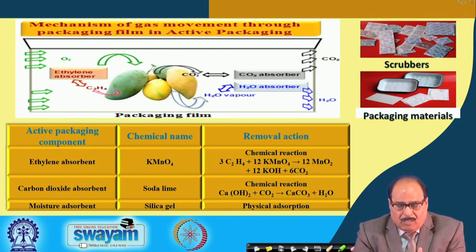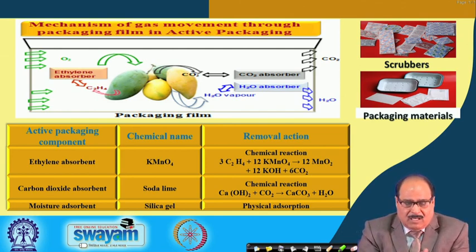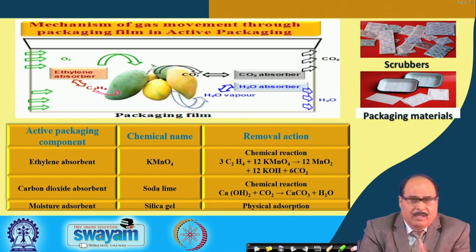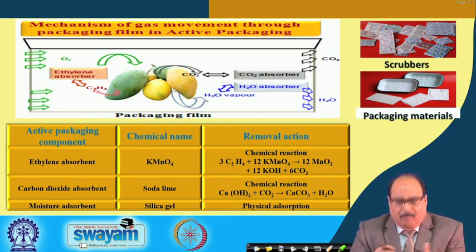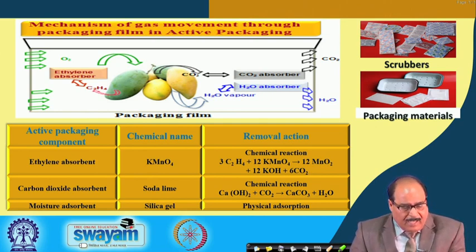Similarly, CO2 absorbent or water absorbent can move in and out from the respective package to the fruit or vice versa. For example, potassium permanganate is used as an ethylene absorbent.